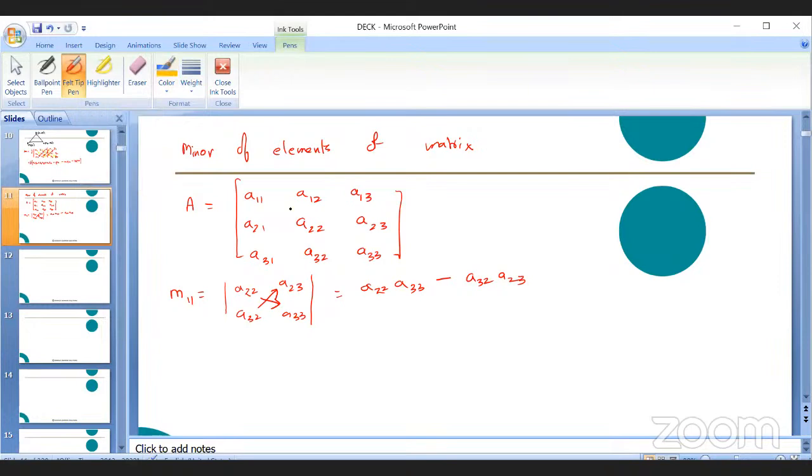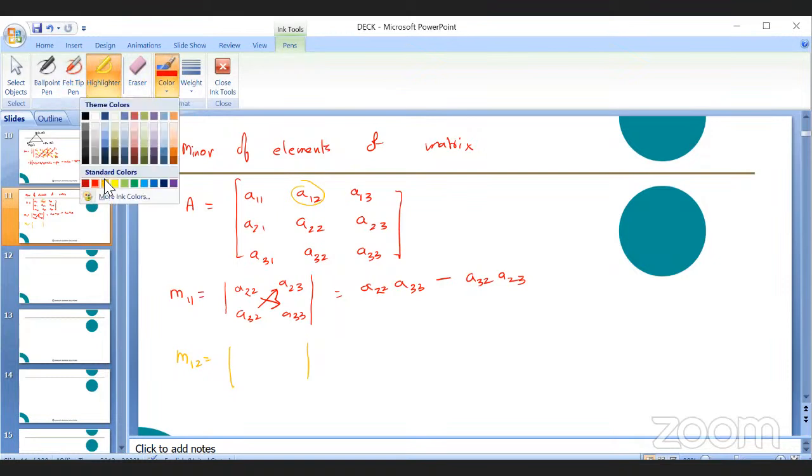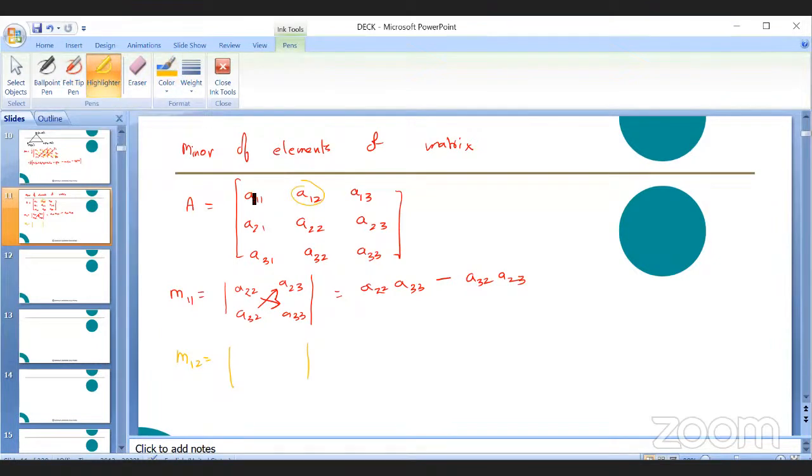For example, you will find minor of A12. That is M12. Determinant of what? Remove the A12 row, remove the A12 column. What are left? A21, A23, A31, A33.